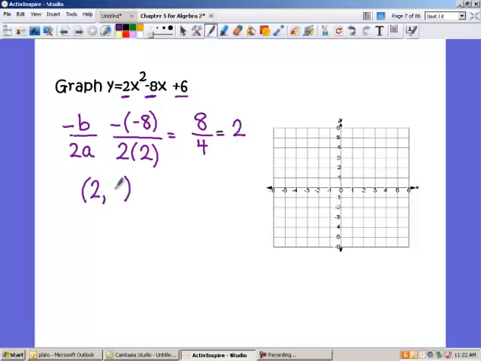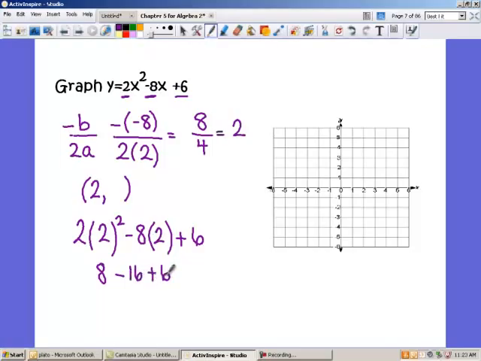Remember, that's only your x value. So we still need this y. But because the equation gives us y equals all of this, we can plug this 2 into each one of these x's and find out what it is. So we are going to do just that. Everywhere I see an x, I'm going to plug in a 2. And we use order of operations to figure this out. So 2 squared would be 4, and then times 2 would be 8. 8 times 2 is 16.